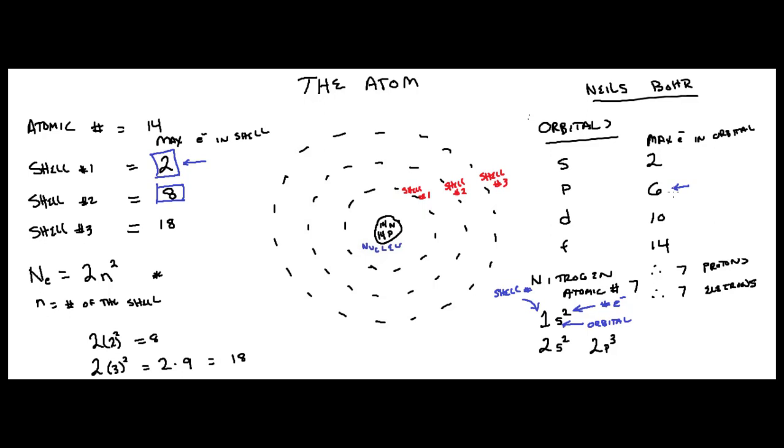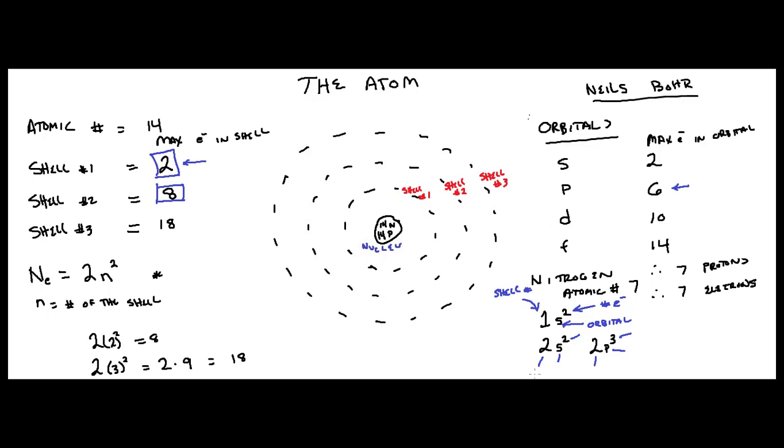The p orbital can take 6. Well, the remaining ones just go in the p orbital. So you have 3 electrons right here in the p orbital of the second shell. Obviously for the second shell, you have in the s orbital 2 electrons. All right? So that's the notation that's used to describe this kind of thing.